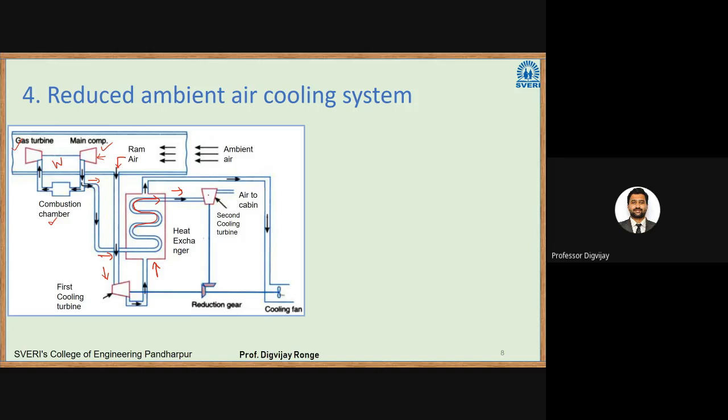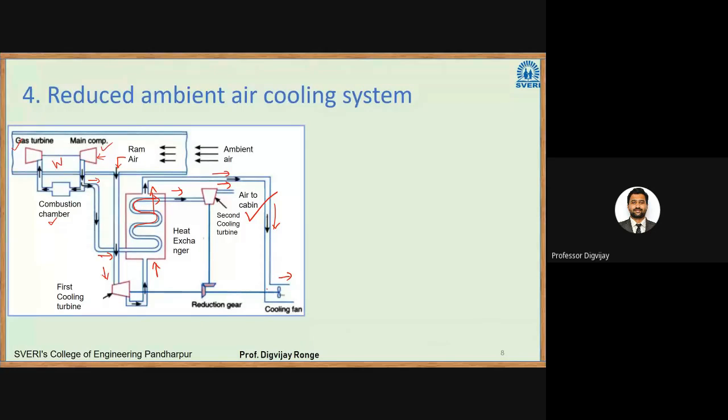This compressed air will pass to the second cooling turbine, in which the expansion will take place, so that its temperature will also reduce. So at the end, we have low temperature, low pressure air, which is passed to the cabin. And this ram air, which has cooled this air in the cooling coils, is passed to the atmosphere.